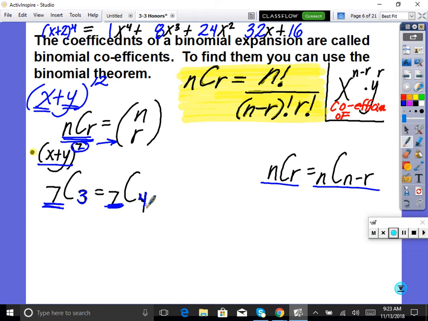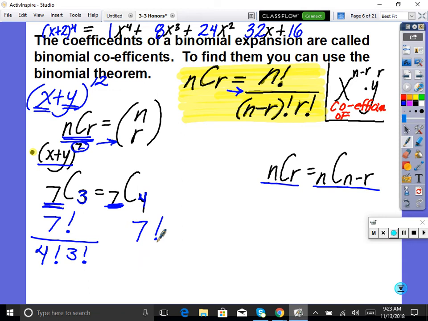So here we go. Let's plug it into our formula. So this would be 7 factorial divided by, I'm using this formula right here, divided by 7 minus 3 factorial. Do you see how I'm plugging it into the formula? Which would be 4 factorial and then times 3 factorial, right? Well, isn't that going to come out algebraically the same as this one?